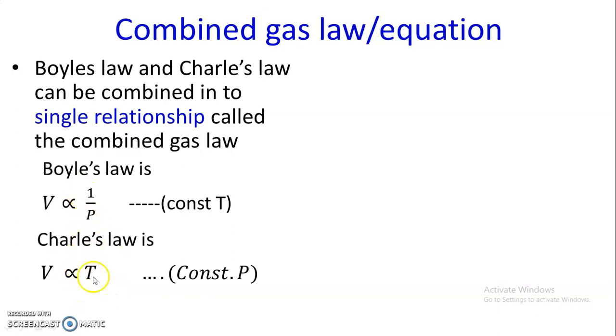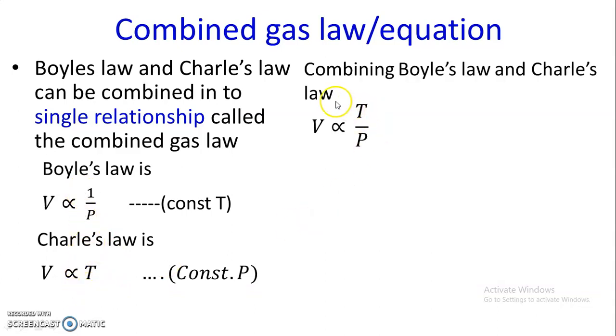Now when these two laws are combined, we can write V is directly proportional to T and inversely proportional to P. Volume is directly proportional to absolute temperature and inversely proportional to pressure, and therefore V is equal to some proportionality constant K into T upon P, or PV is equal to KT, or PV upon T is equal to a constant.